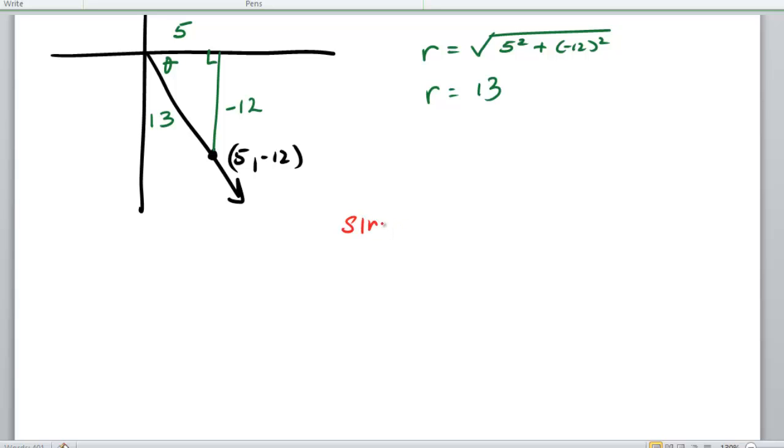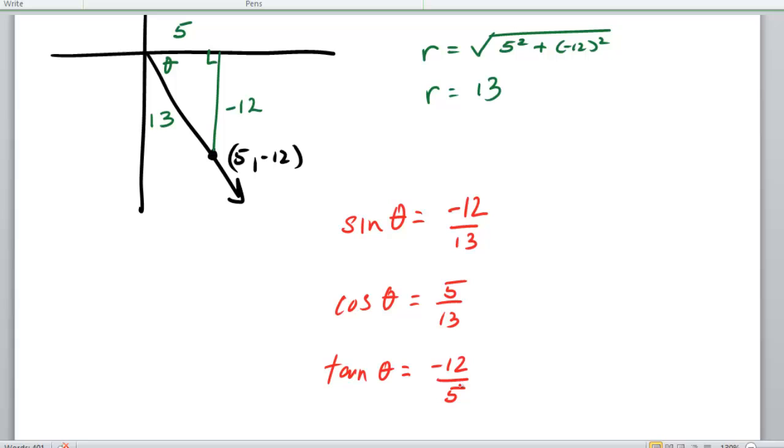So we can say that the sine of theta is equal to opposite over hypotenuse, and in this case that's negative 12 over 13. Then we will just continue that process for theta all the way around with cosine and tangent. And then of course we need the other 3, so we need the reciprocals, and we would just simply reverse, and that negative goes with the 12, and in fractional form it doesn't matter if it's in the numerator or denominator.